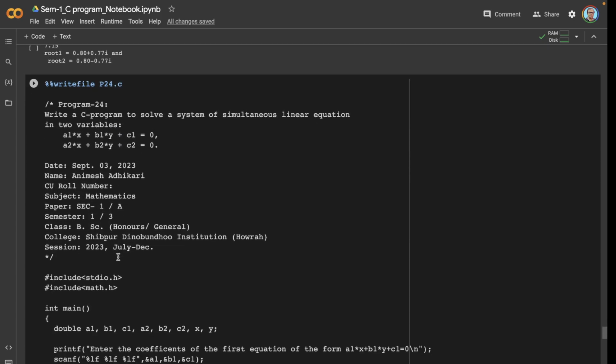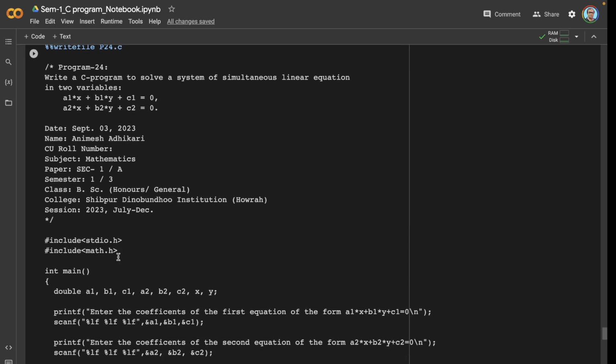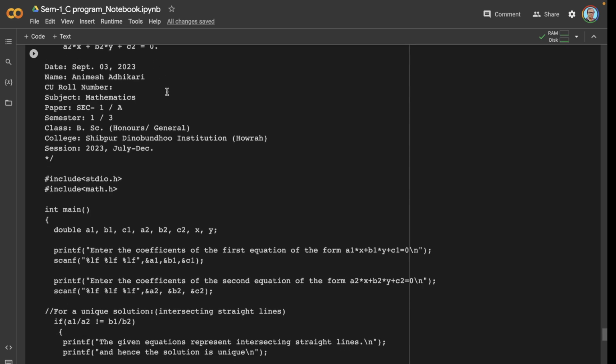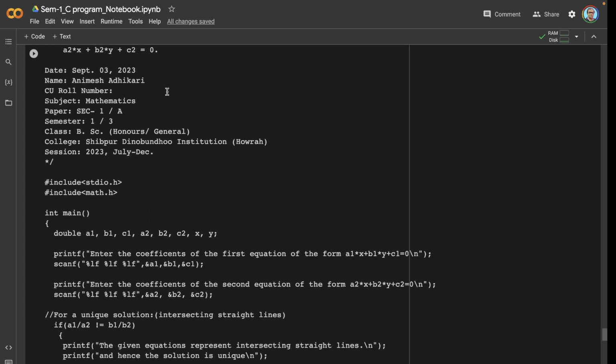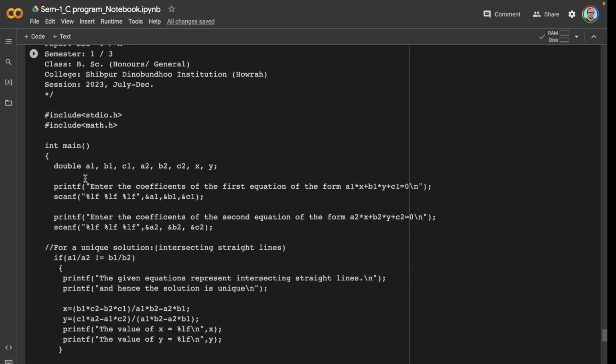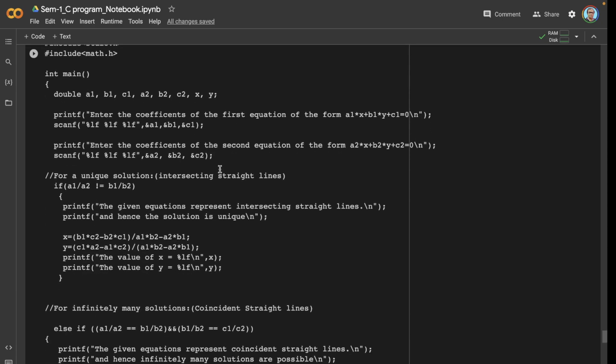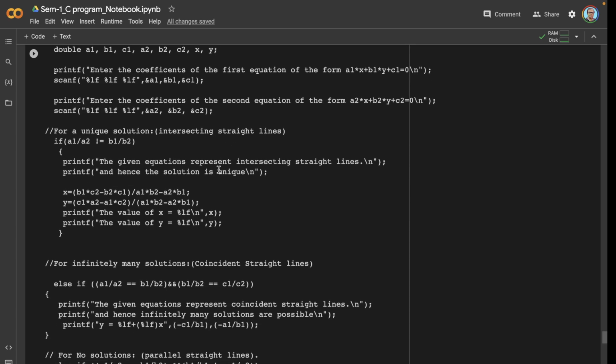Problem 24, write a C program to solve the system of linear equations a1x plus b1y plus c1 equal to 0, a2x plus b2y plus c2 equal to 0. So for this simultaneous linear equation, a1, b1, c1, a2, b2, c2, and x and y. And enter the coefficients a1, b1, c1, enter the coefficients a2, b2, c2.